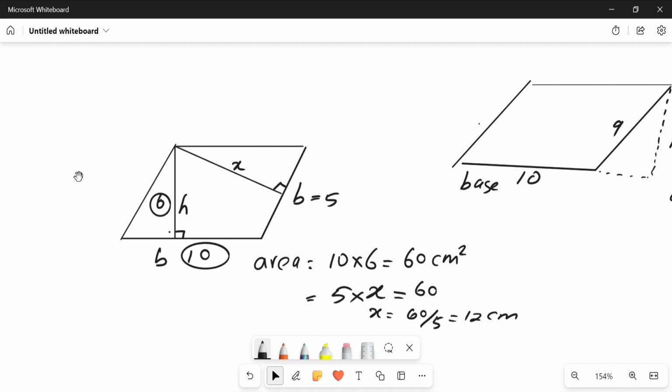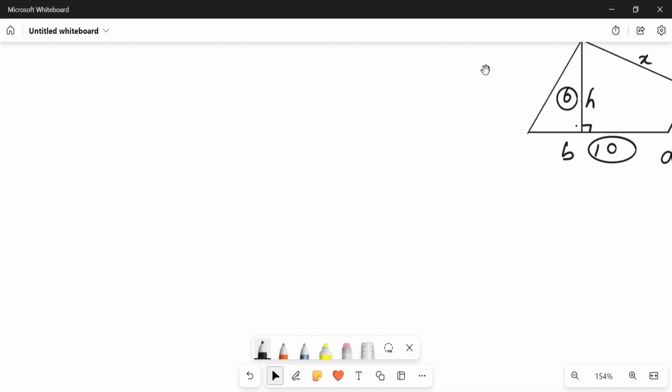Now let's see the trapezium. Trapezium is something special, in which only one pair of sides are parallel. That's all.